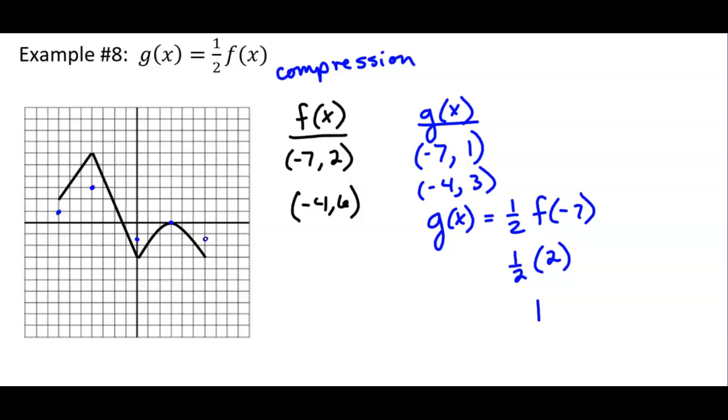Okay. So then we draw it as best we can. So kind of like that. So it should look kind of like it's smushed down from the top, up from the bottom, right? So it kind of smushed the whole thing closer to the x-axis, and that would be a vertical compression there. So that's that one.